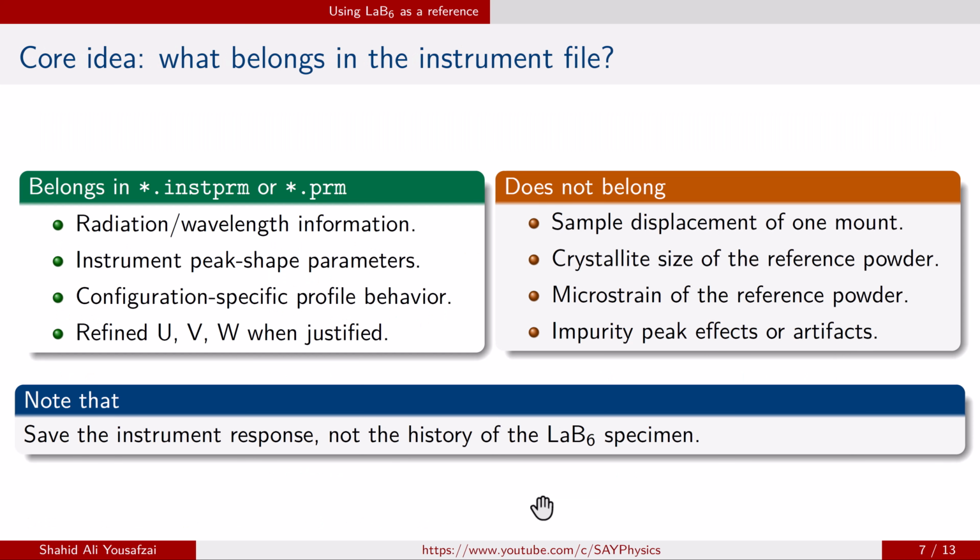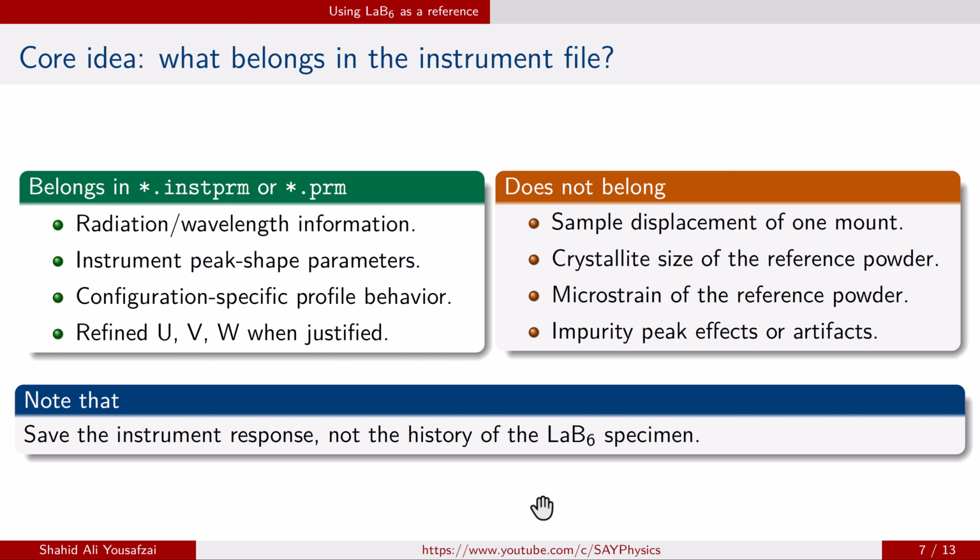Before we start refining, we must define what should and should not be stored in the instrument parameter file. The file should contain information that belongs to the instrument configuration, such as wavelength, profile behavior, and instrument-related peak shape parameters. It shouldn't contain sample-specific effects from one particular LaB6 mount.